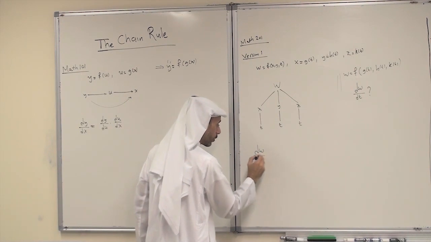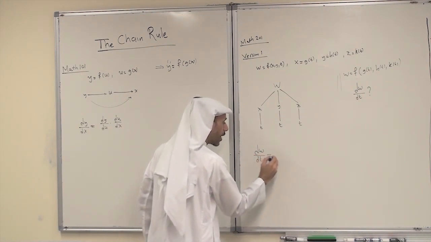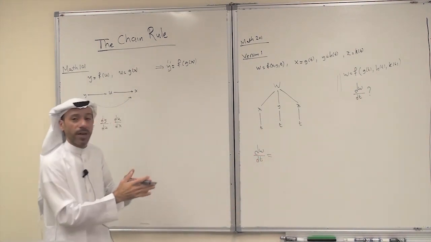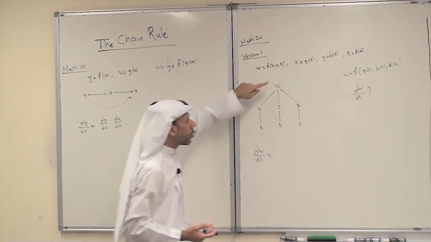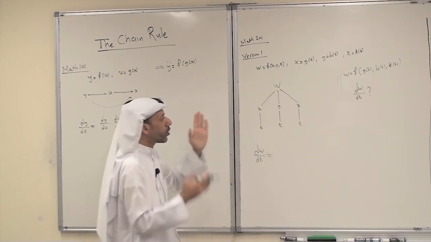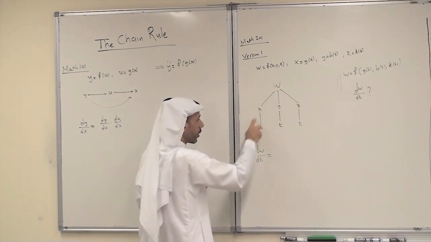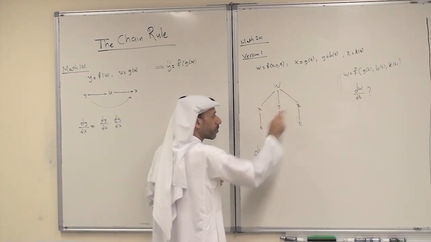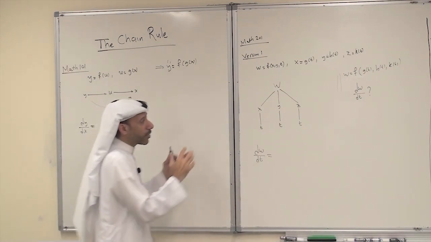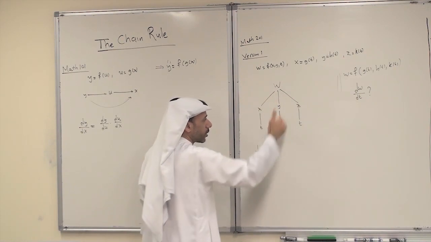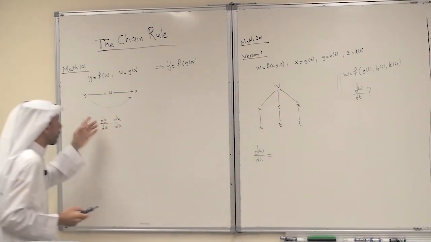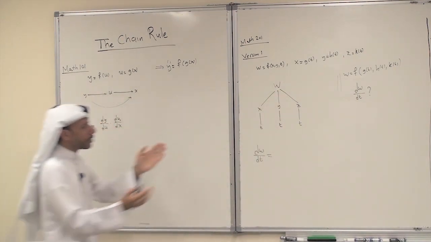We ask ourselves, through how many paths can we go from w to t? In fact, we can go from w to t through three paths, through x, through y, through z. Then apply the chain rule of Math 101 through each path, as was given here. Then just add them.